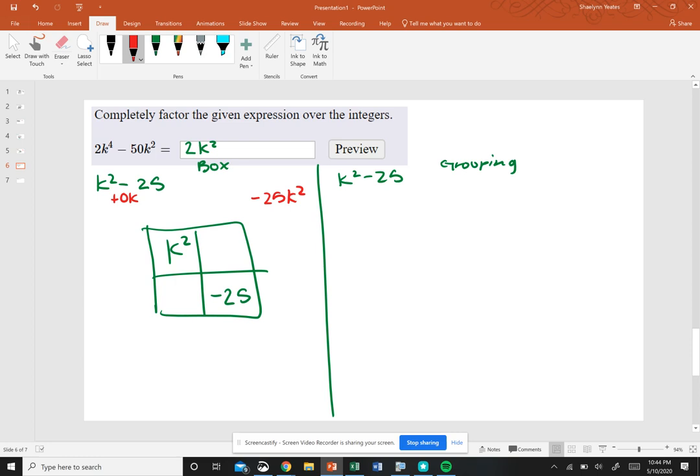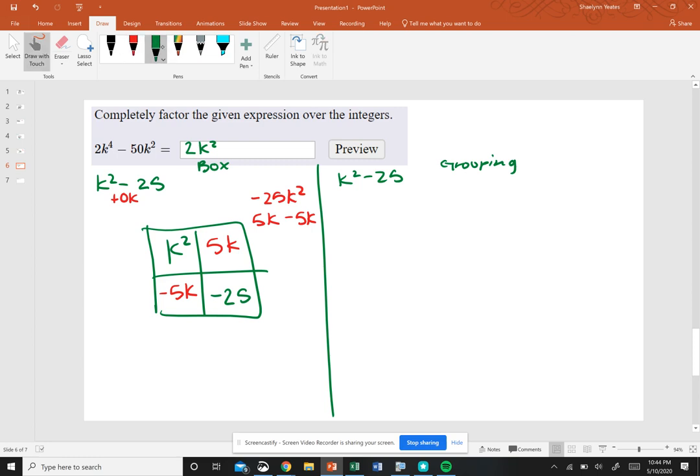I want two numbers to multiply to negative 25, but add to 0. The only way two numbers can add to 0 is if they are each other's opposites, right? So that would be the equivalent of 5k and a negative 5k, because 5 minus 5 is 0, but 5 times 5 is 25, and because this is negative, that works out great. So we've got a 5k and a negative 5k.